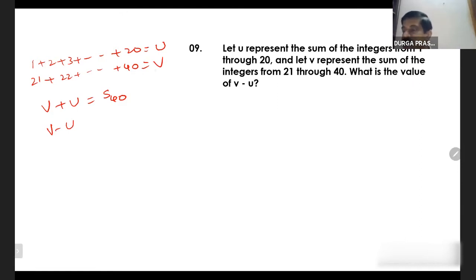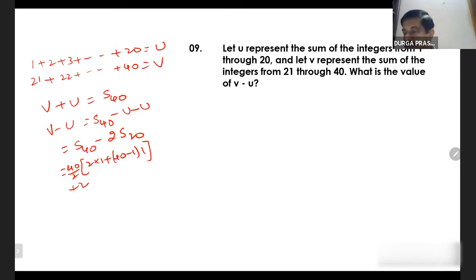So what can I write? v, I can write it as S40 minus u, minus u. So this is S40 minus 2 times S20. Sum to n terms we have n by 2 into 2a plus n minus 1 into d.